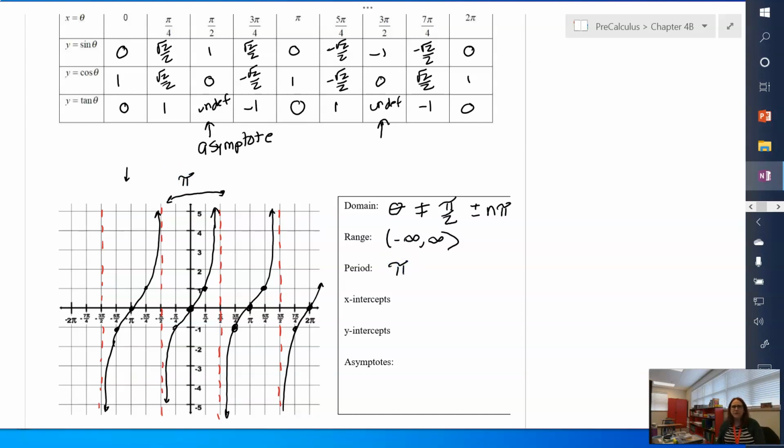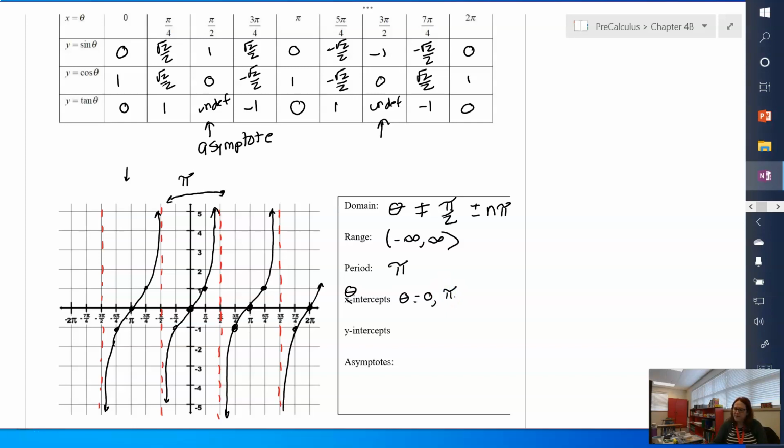Now look at the x-intercept. That's where it's going to cross the y-axis. And it only does it in one place, 0, 0. Oop, I misread that. X-intercepts, or in this case, let's just call it theta. It's going to cross theta at 0. It'll cross again at pi. It crosses again at 2 pi.